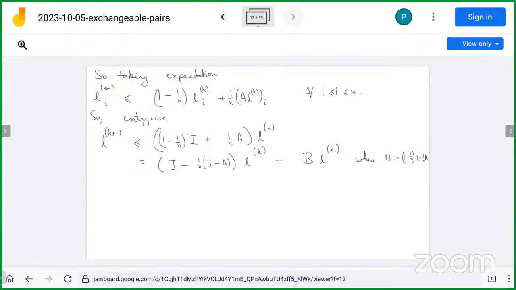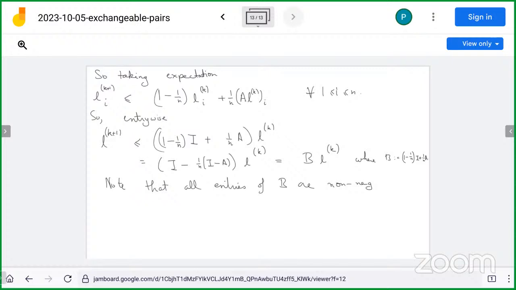Okay. So note that all entries of B are non-negative. Yeah, why is that? Entries of A are also non-negative, but that does not mean the entries of B are.